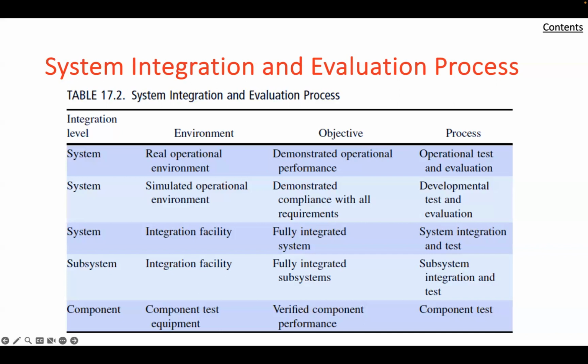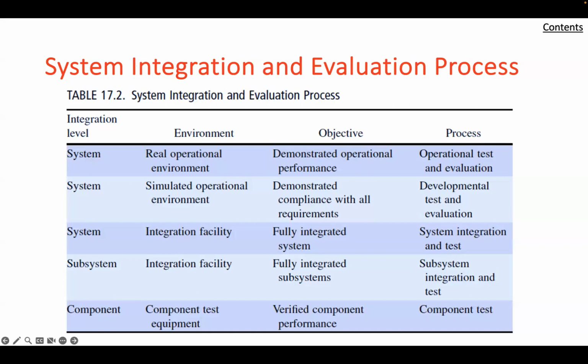And the fourth column defines the nature of the activity, expanding the corresponding entities in the table on the last slide. The sequence of activities which proceed upward in the previous table starts with tested components and integrates these into subsystems, then into the total system. The process then evaluates the system first in a simulated environment and finally in a realistic version of the environment in which the system is intended to operate.